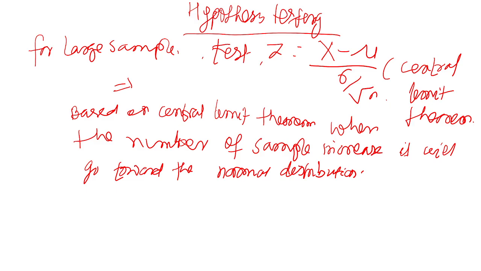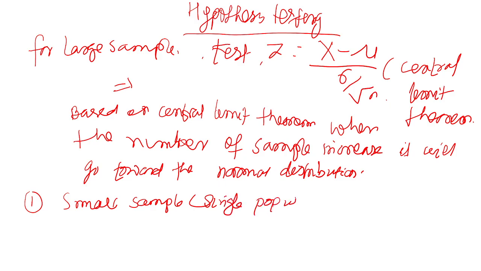Then the second case: if we start with a small sample, single population, that comes under the t-test, like the student t distribution.